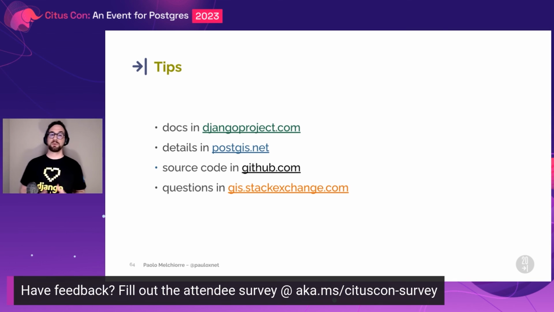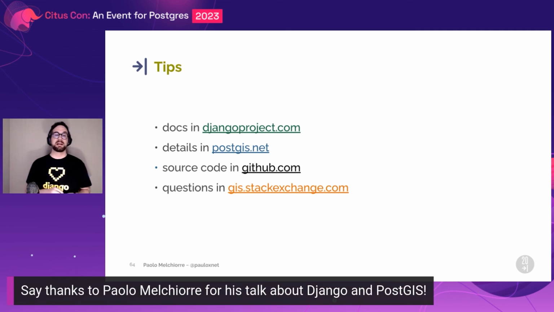At the end of the talk, before saying goodbye, I want to share with you some tips based on my experience as a map developer with Django. The first one is to read the documentation on the Django website directly, because it's full of information about GeoDjango. Read also the details about geographical queries on the PostGIS website, because it helps you understand how things work at a lower level.